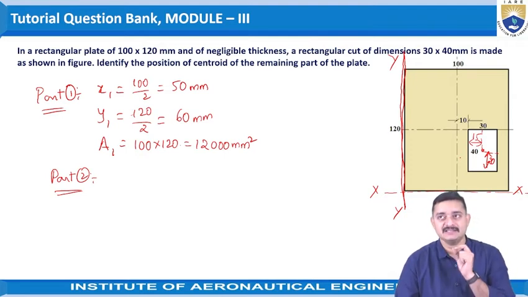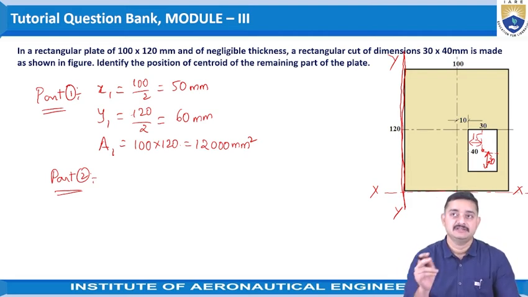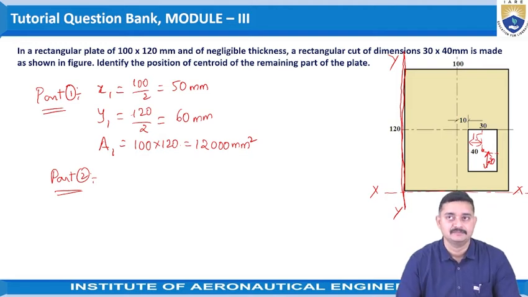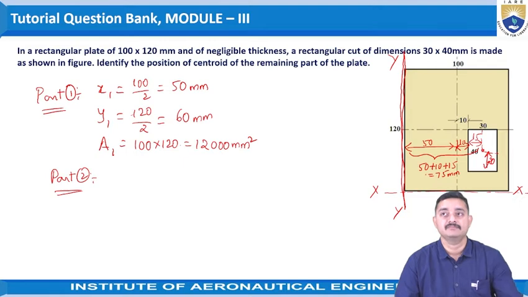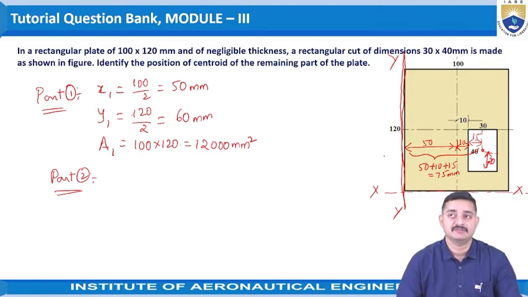Now when we consider this centroid from the reference axis, the distances should be added. From the y-axis, this distance is 50, plus this is 10, so the total becomes 50 plus 10 plus 15, that would be 75 mm. Now coming to vertical, from the x-axis we can take this length.